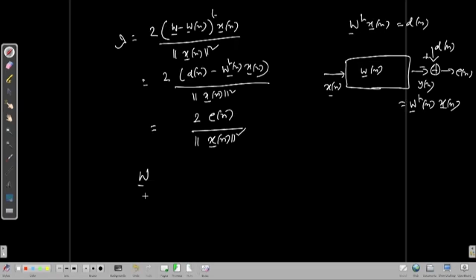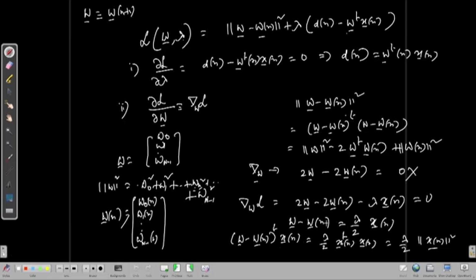So W, which is actually W n plus 1, I just use the notation W here. It will be W n plus lambda by 2 x n.